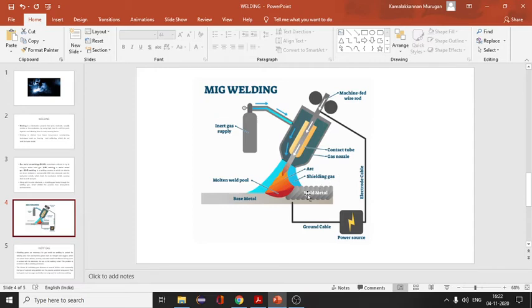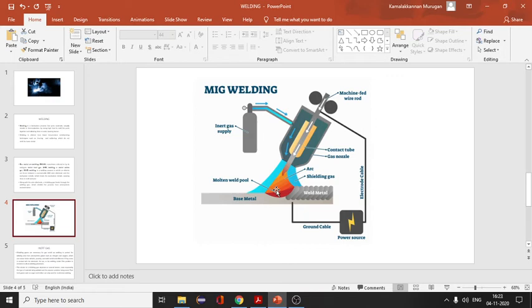One major advantage of the MIG welding process is that it gives a clear picture of the welding joint. We know what the base metal is and we know what electrode we are going to use. With the help of that, we can have some surety about the metal joining process, because there is no new metal formation.